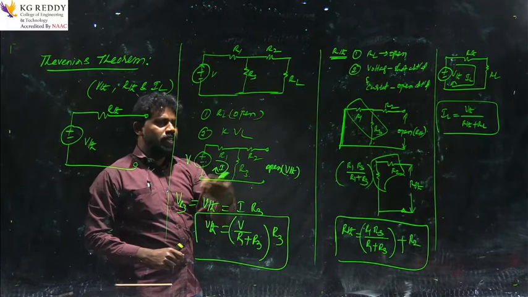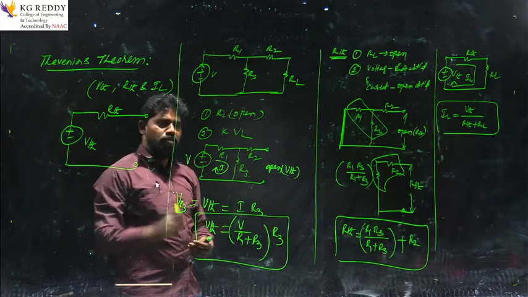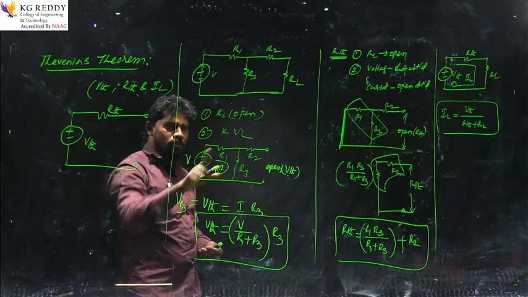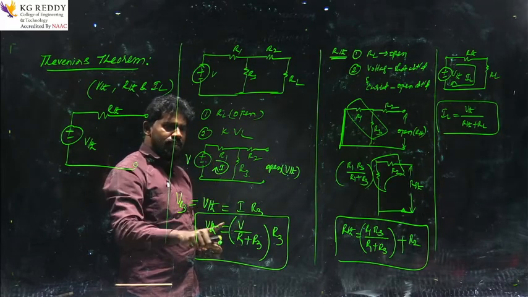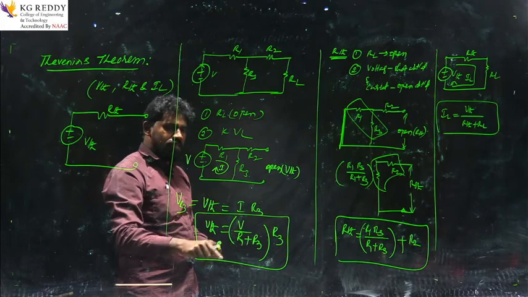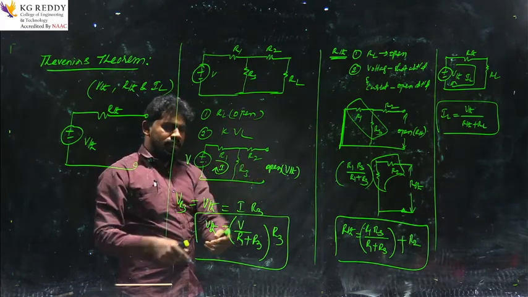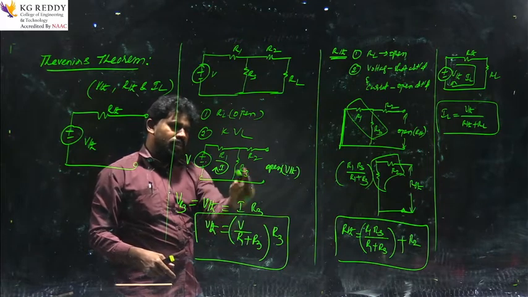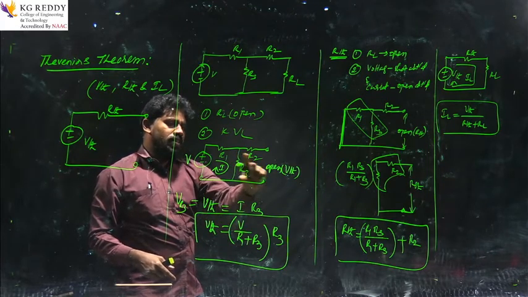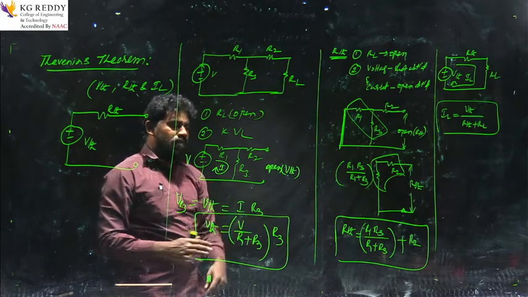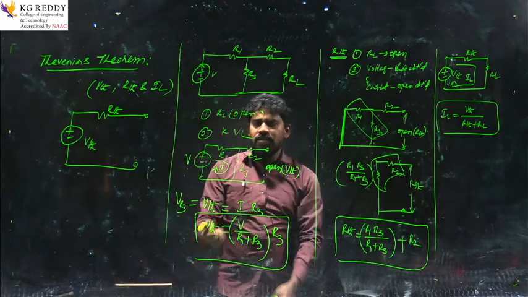Next apply KVL, then find VTH. I first opened the load resistance, then found only one closed path, so the current I is equal to V by R1 plus R3. VTH is the open circuit voltage across R3, so voltage across R3 is equal to I into R3, where I is equal to V by R1 plus R3. Finally, I got this equation.